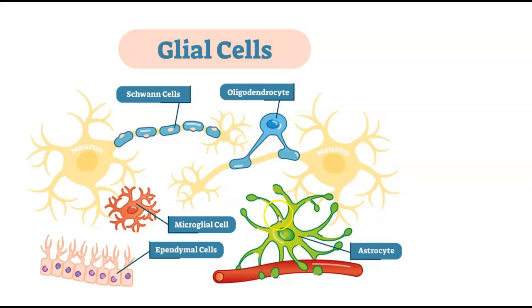I think astrocytes and microglial cells are probably more commonly referred to other than Schwann cells. So if we were to target three glial cells to remember, I would target the astrocyte, the microglial, and the Schwann cell.